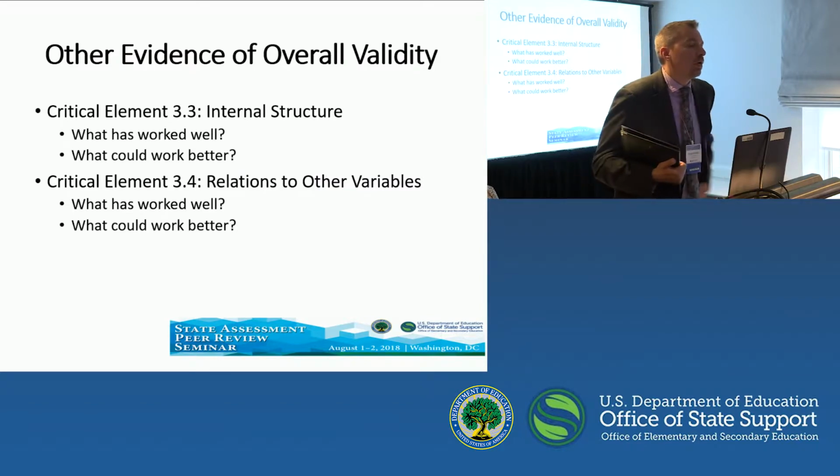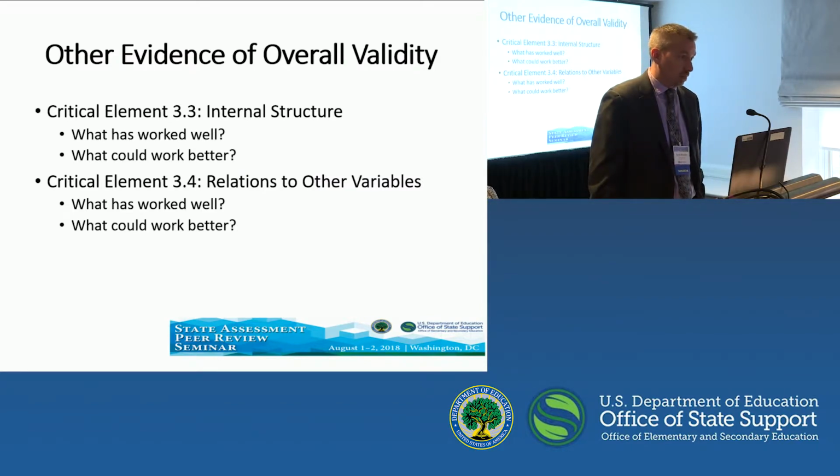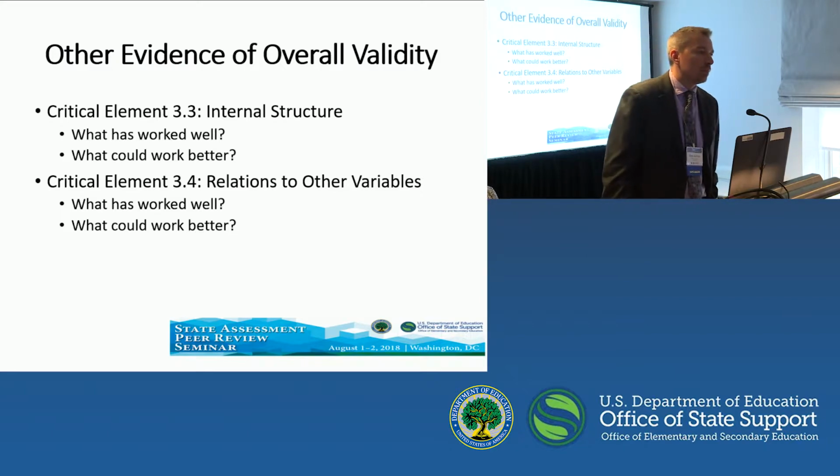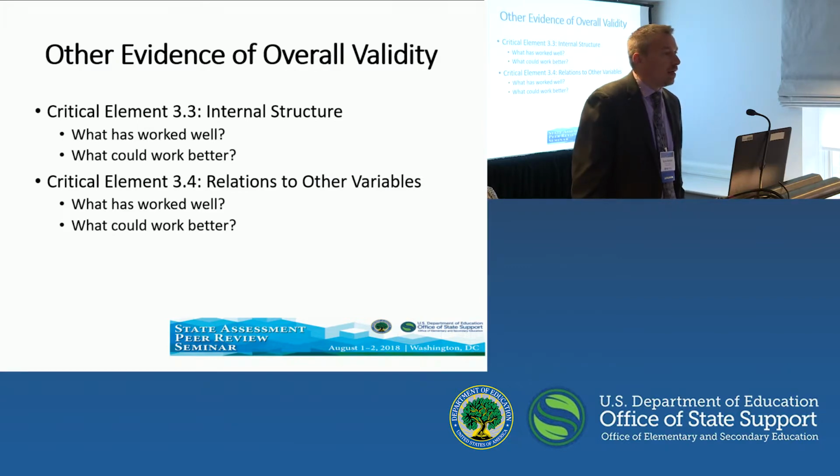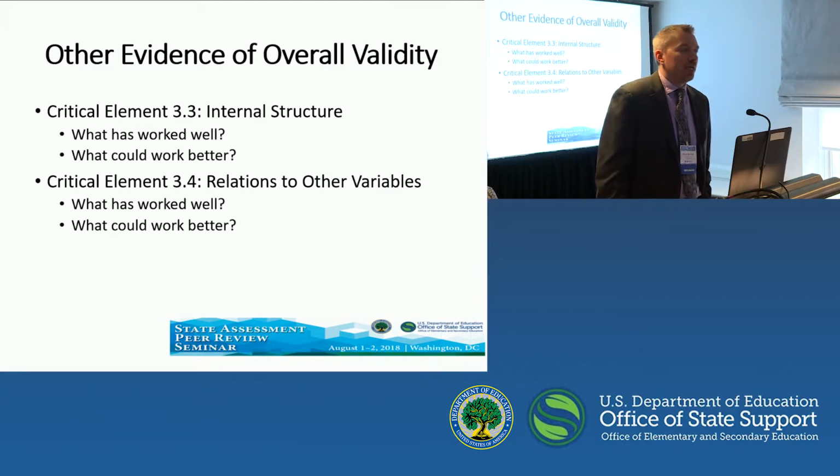Steve? So Ryan, I like your multi-trait, multi-method example. How much higher is high enough for peer reviewers in general? Well, I know those are funny questions. It really depends on the assessment.